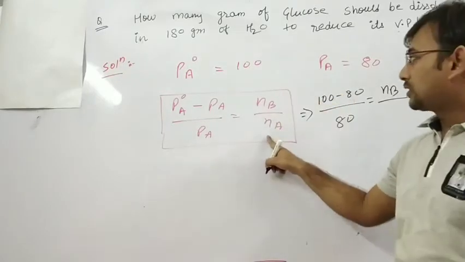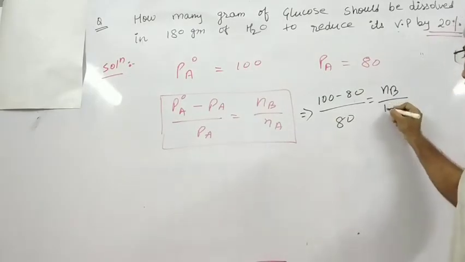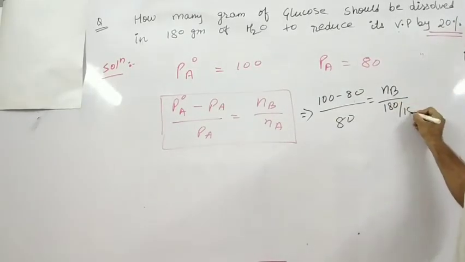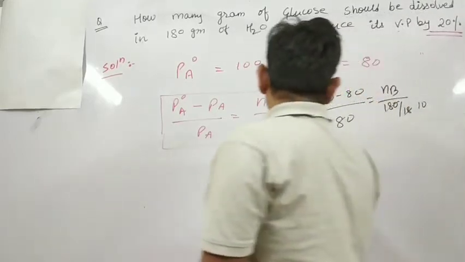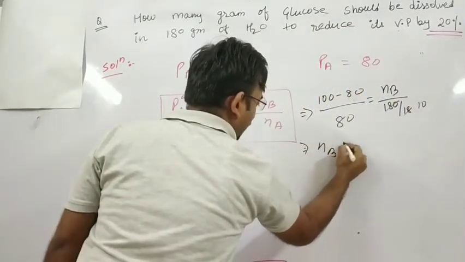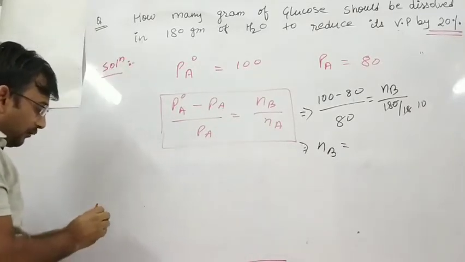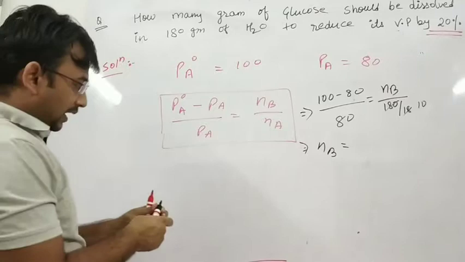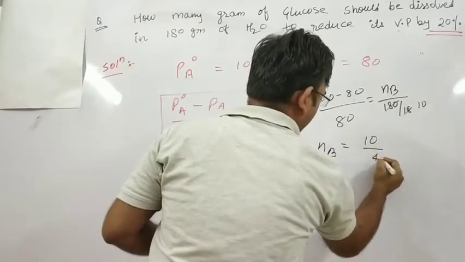To calculate moles of A, we write given mass upon molecular mass, that means 180 divided by 18. If we calculate, the final value of the number of moles of B we will get is 10 by 4.